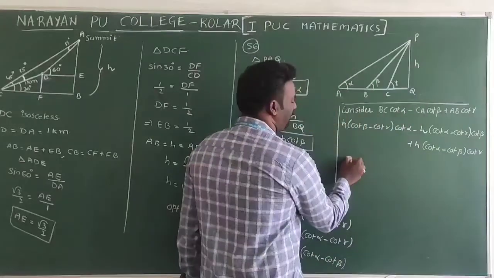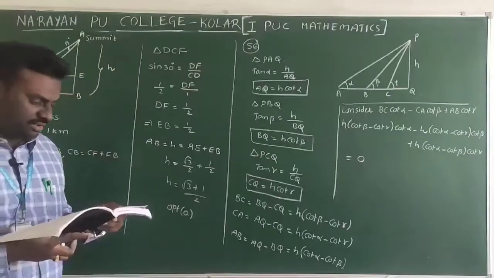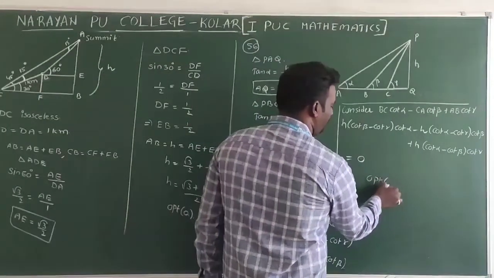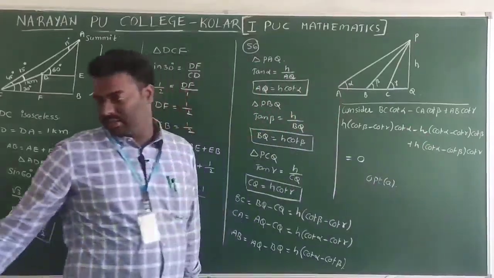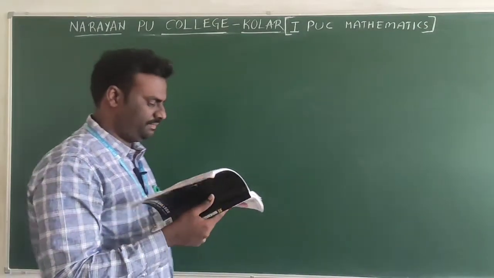If you simplify, all values get cancelled, you will get the answer 0. That is nothing but option A is the correct answer. Next, 57.